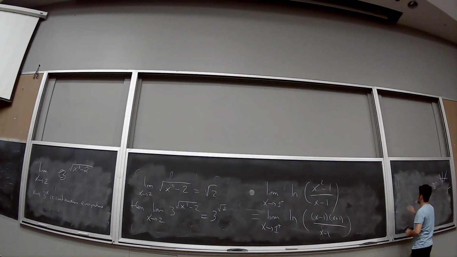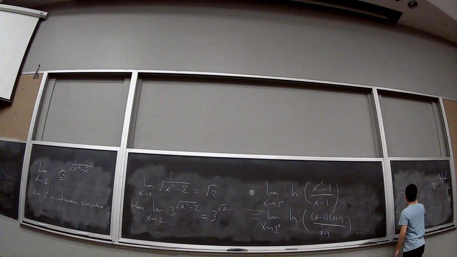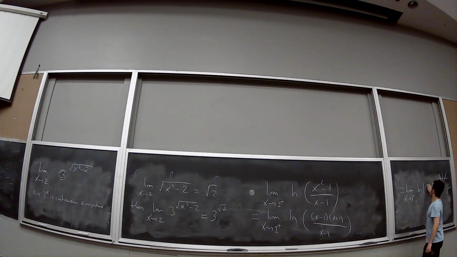Now if I cancel out the x minus 1s, what is left? Ln of 1 plus x, right? What is that limit? Everybody, what is that limit? 1 plus x approaches 2, right? So ln 1 plus x, since ln is continuous at 2, will approach ln 2.